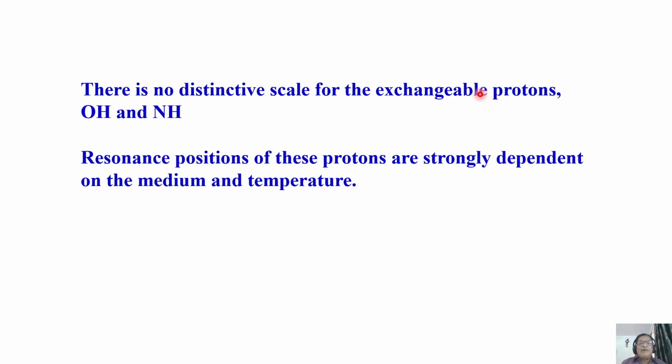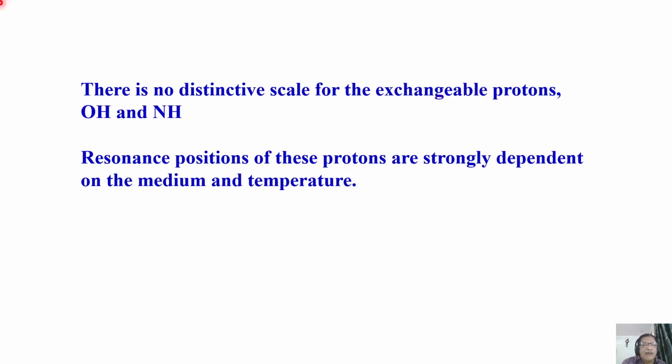Everything has been more or less tabulated by many people, pioneers who did a lot of work in this area. To start with, we have an idea where to look for your peak if you have a particular group in your molecule. But when you have OH and NH present in your molecule, there is no distinctive scale like that. I can say in the proton spectrum, the CH3 peak comes between 1 to 2 ppm or 0.5 to 2 ppm.